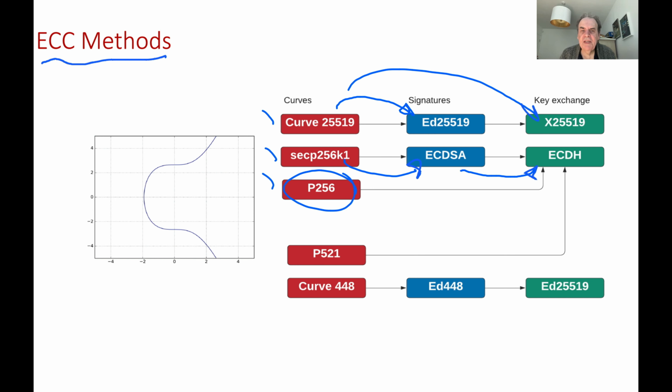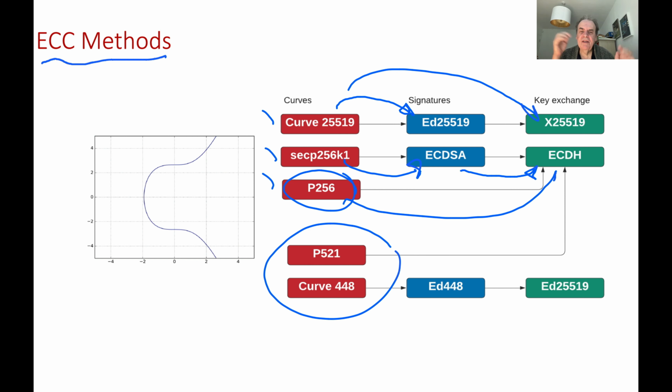And the NIST defined P256 is often used in the elliptic curve Diffie-Hellman method for key exchange. We can get larger curves and more secure ones, such as P521 and curve 448. And that leads into these signature and key exchange methods.